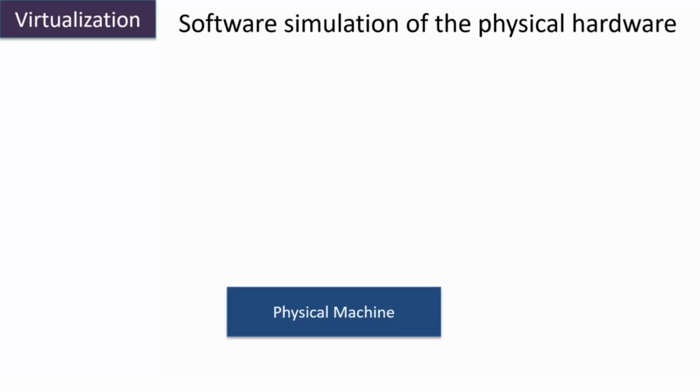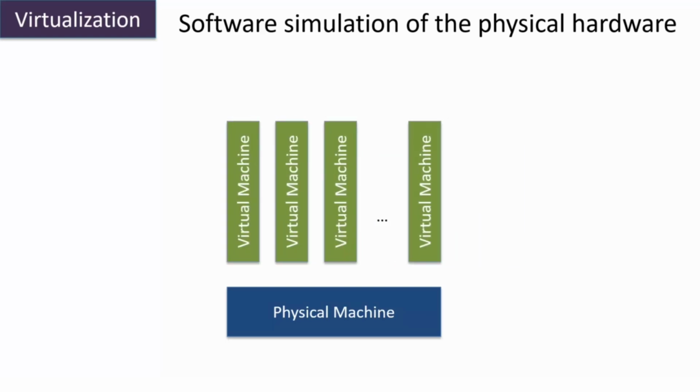Let's start with what is virtualization. Virtualization is a software simulation of the physical hardware. What that means is that on a single machine, you can create multiple virtual machines which are all implemented in software, and each of these virtual machines behave as if they are independent physical machines.